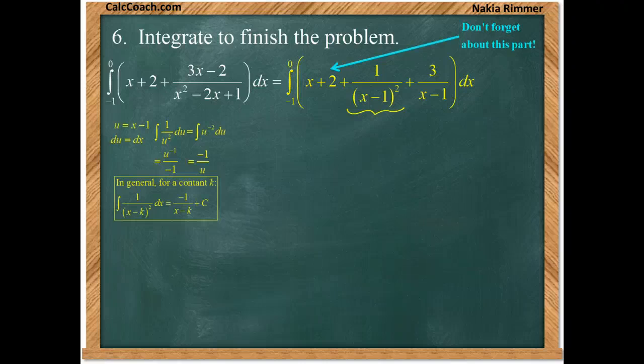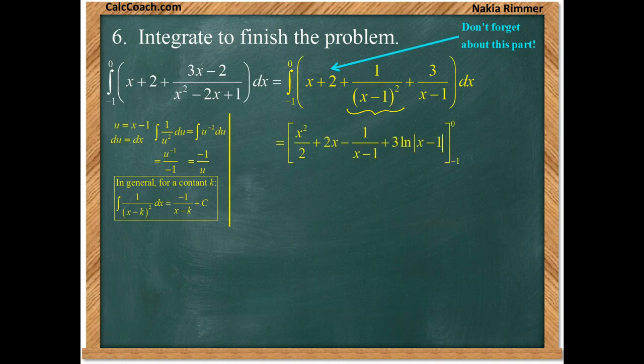That's after integration. So we go and integrate these guys, and we have x squared over 2. We have 2x. We have that guy minus 1 over x minus 1. And then we have 3 log of x minus 1. Our limits of integration are 0 and 1. So we put a 0 in, and we put a 1 in. Putting a 0 into these first two terms just doesn't contribute.